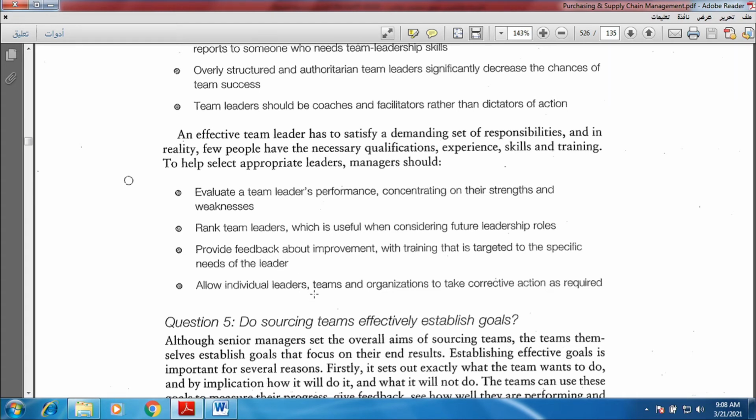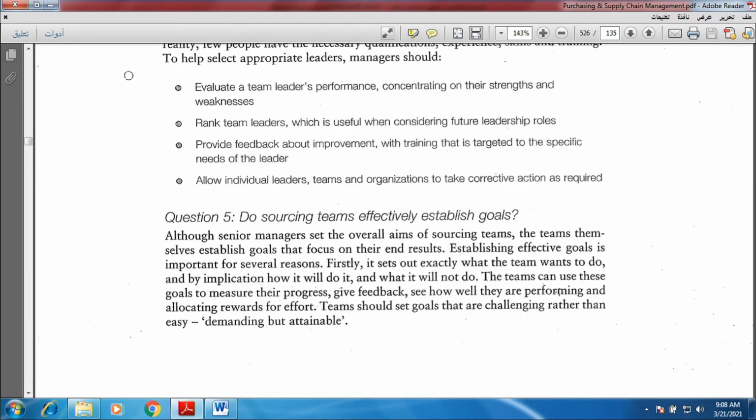And finally, the individual leaders and their teams work together to take the correct action, the right action and best practice for the organization to undertake in the real world of business.